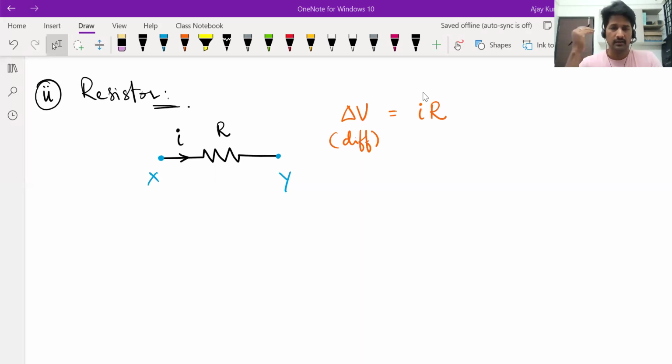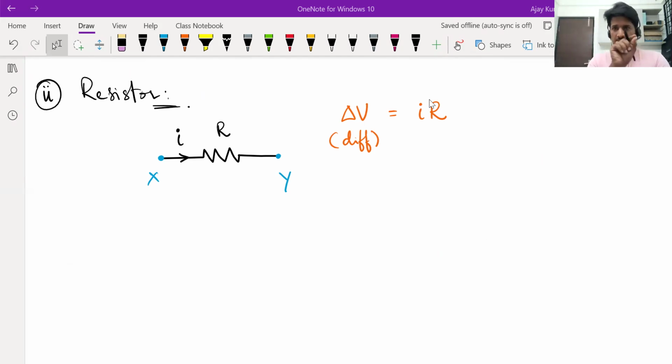Okay. Now one of you tell me, is electric field directed from a point of high potential to a point of low potential, or is it from low potential to high potential? High to low. Good. Electric field always points from a position of high potential to a position of low potential.